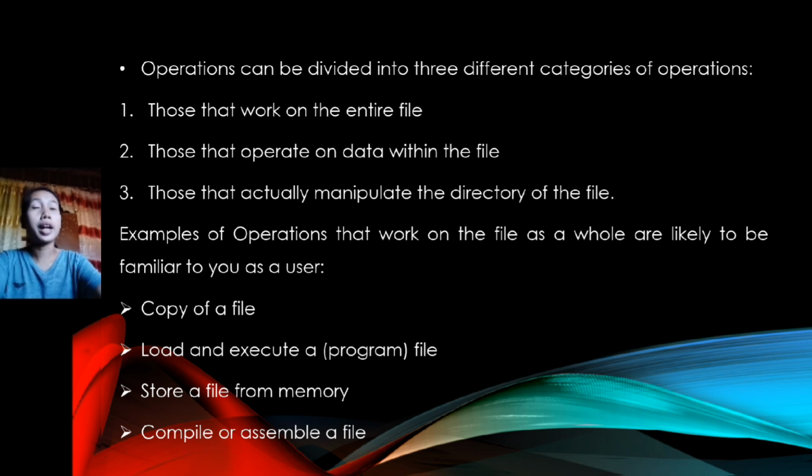Operations can be divided into three different categories. So we have those that work on the entire file, those that operate on data within the file, and those that actually manipulate the directory of the file. Examples of operations that work on the file as a whole are likely to be familiar to you as a user.